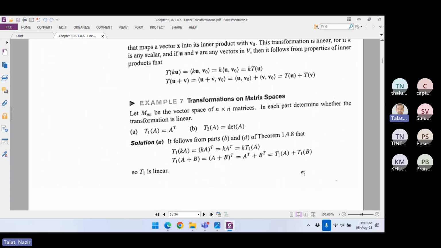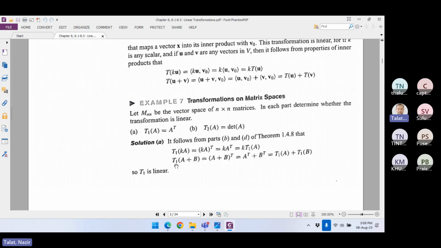And then another example of a linear transformation is based on matrices. Like if we take T1 of A is equal to A transpose, where A is any n cross n square matrix of n rows and n columns. Then the first one is a linear transformation, but the second one is not. For the first one, if we take the transpose of kA with k any constant, then k will come outside, and A transpose is equal to T1 of A. It means it fulfills the first condition.